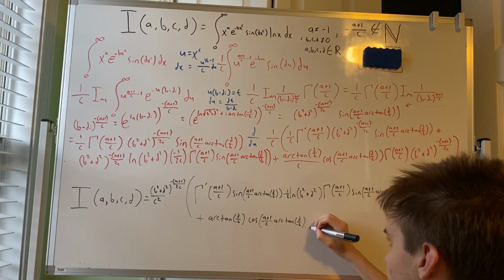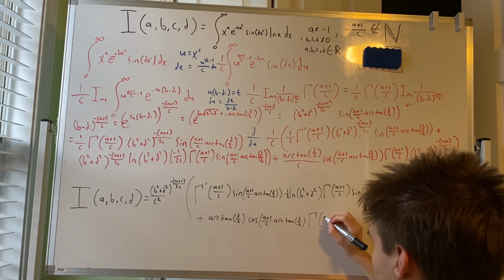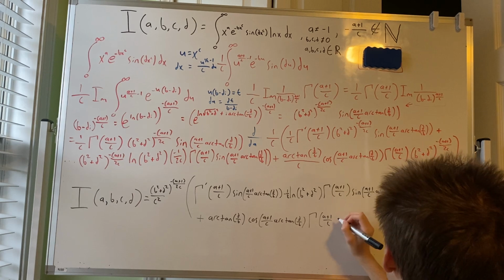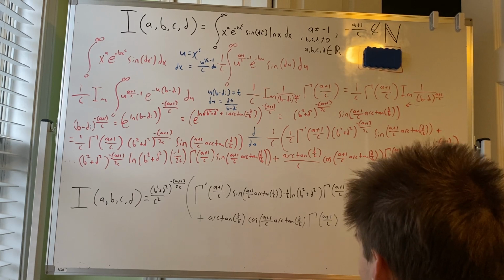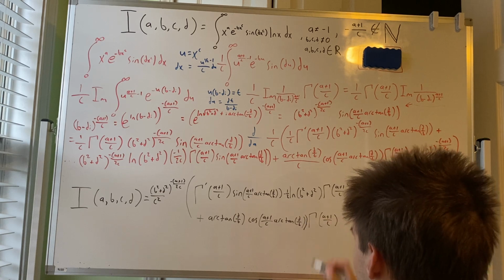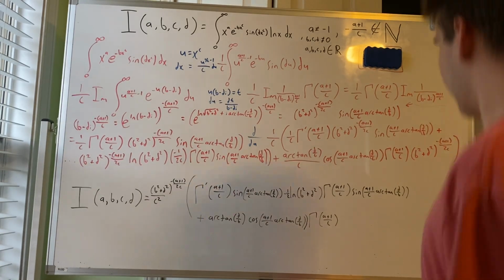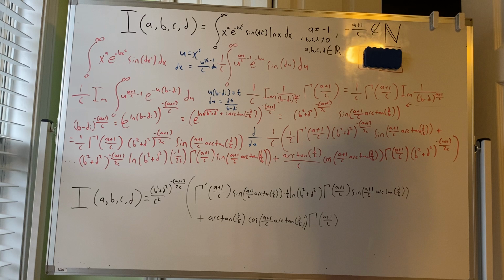It becomes easier to write once you've written it a million times. And then gamma, a plus 1 over c. There's another missing parentheses. Is that it? Got that.